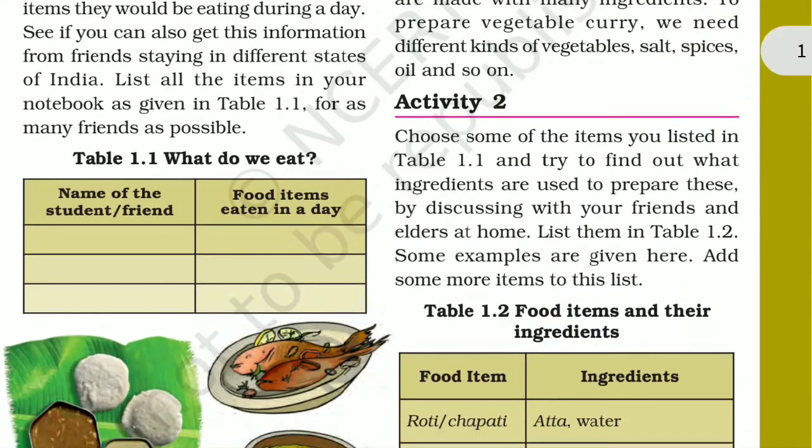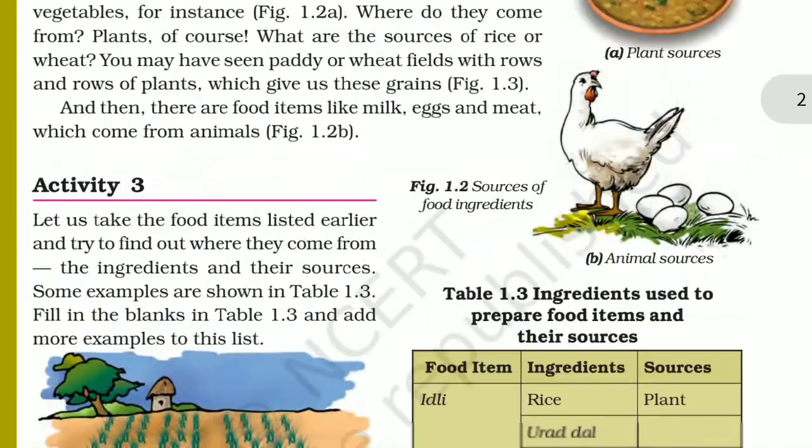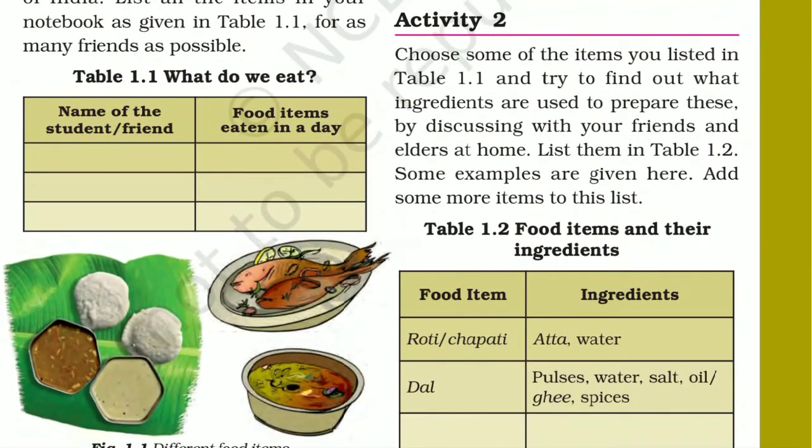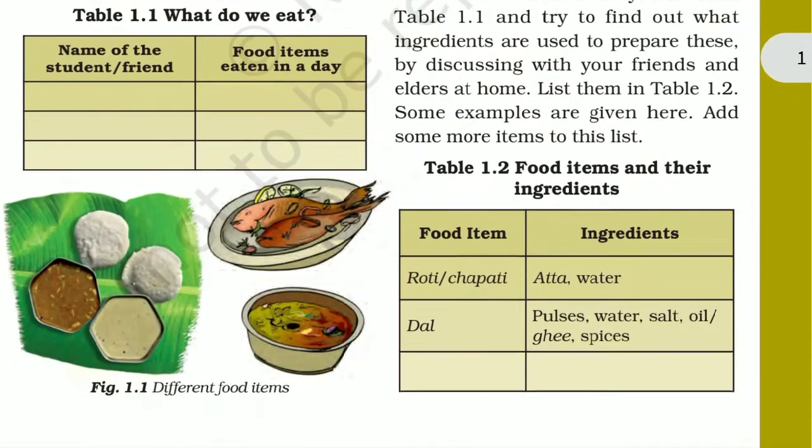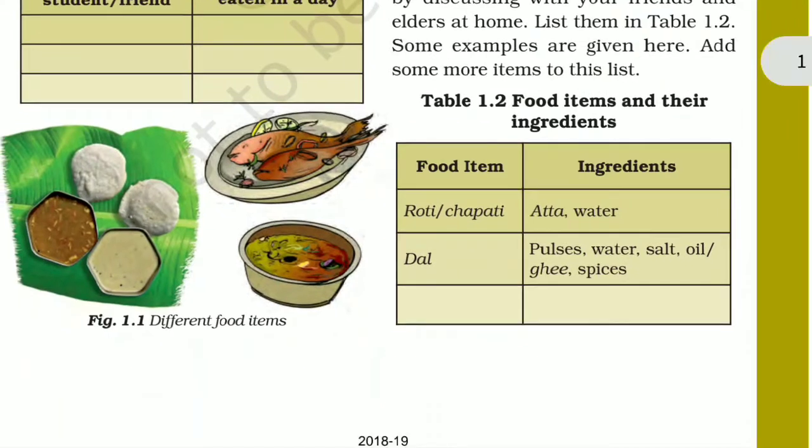Let's start with activity 2. Choose some of the items you listed in table 1.1. So 1.1 is this table. From this table you have to see, for example, I have taken Neha, but I'll not put it here because they have shown a table 1.1. So they have written what all ingredients would be used.